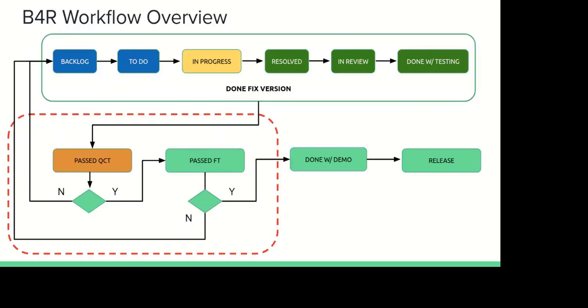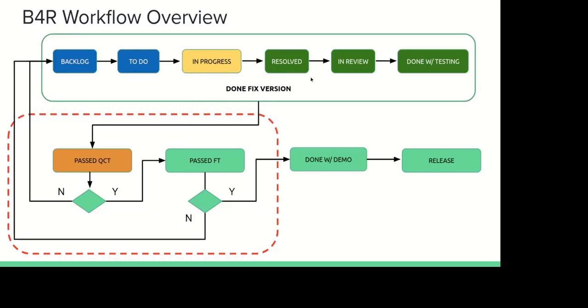So here is a diagram of the overall workflow of the B4R. As you can see, the green rectangle is the development workflow. They start with backlog, then to do, and then in progress, which is more on the coding part.